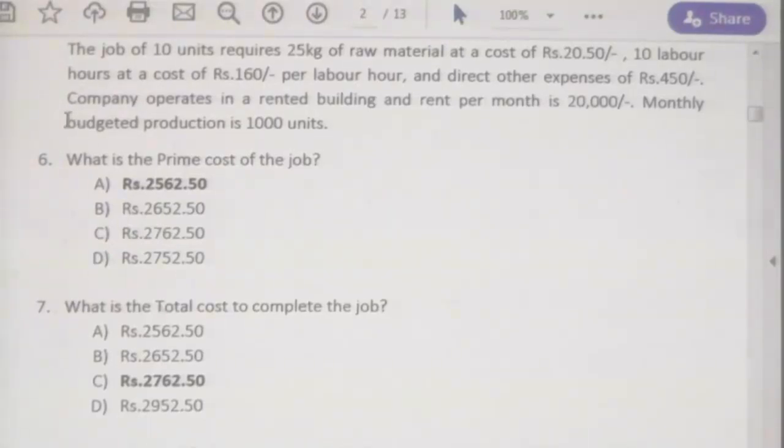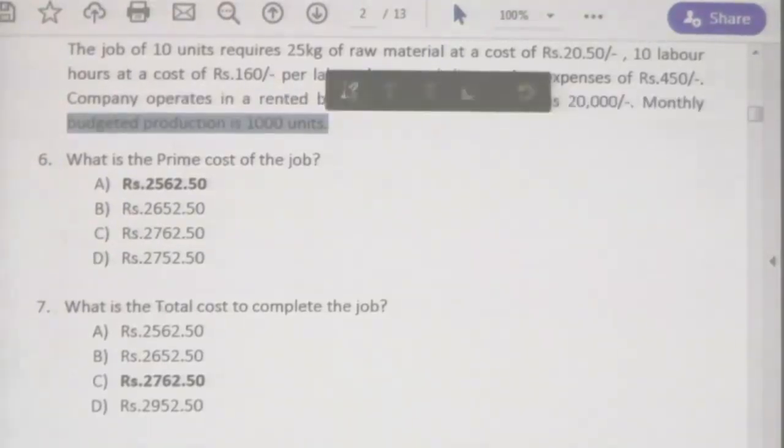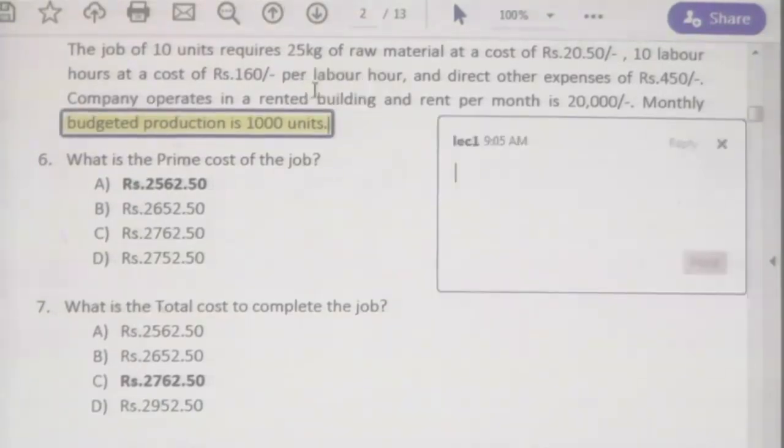Now this monthly budgeted production of 10,000 is very important for us. Why? This budgeted production says what our capacity is. Our capacity is 10,000 units. Is that clear? Since our capacity is 10,000 units, all fixed cost needs to be absorbed using the capacity.